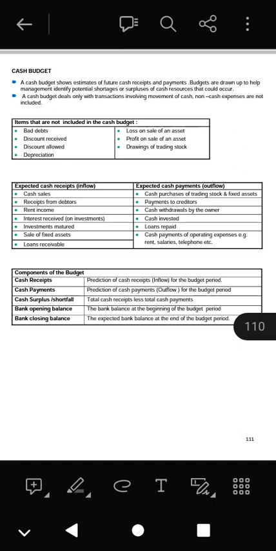After that, we have to record the bank opening balance. We add it either to the surplus or to the shortfall that we've calculated for that particular month. And then the bank opening balance plus the cash surplus or the shortfall will give us the bank closing balance for that particular month in question.